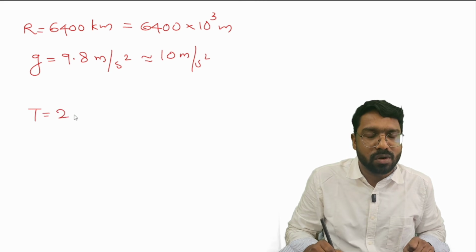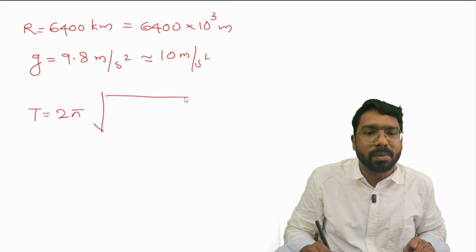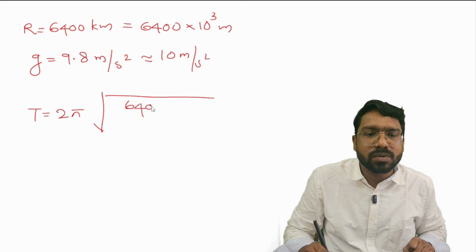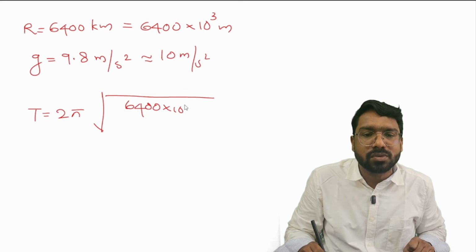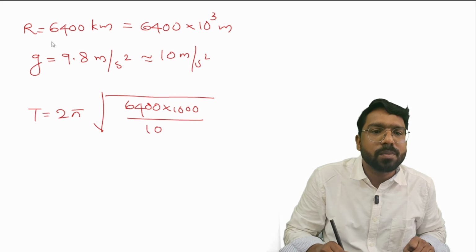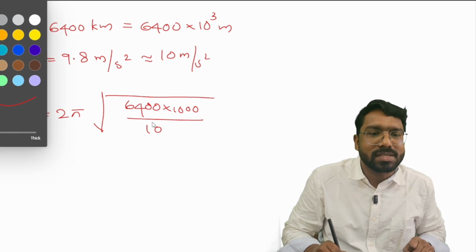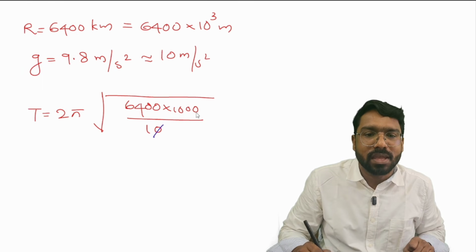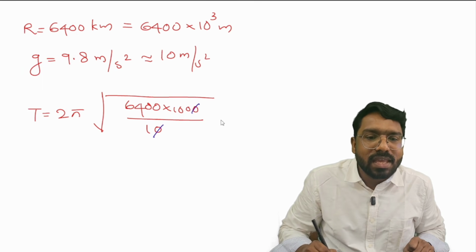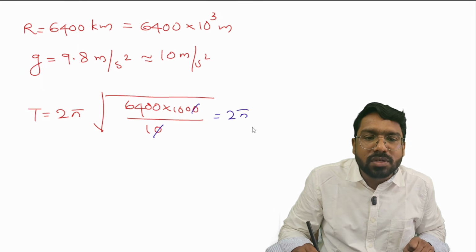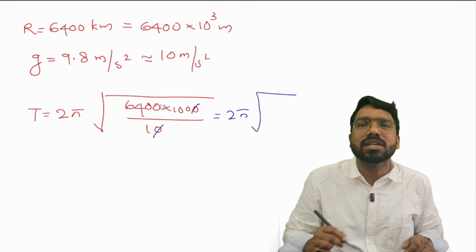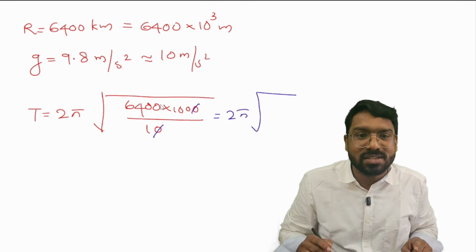So T equal to 2 pi root R by G. What is R? 6400 into 10 raised to 3. It is 1000, right? Divided by 10. So 10 will be cancelled. So we can say on numerator it is 2 pi root, inside root 6400. 64 root is 8.